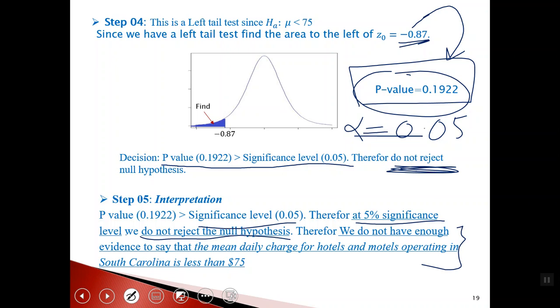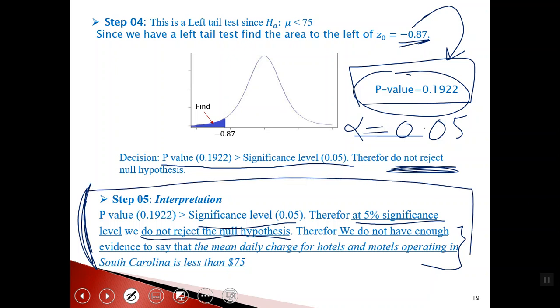So this is the complete answer from step 1 to step 4 and step 5. Step 5 is really important: the conclusion of your work.